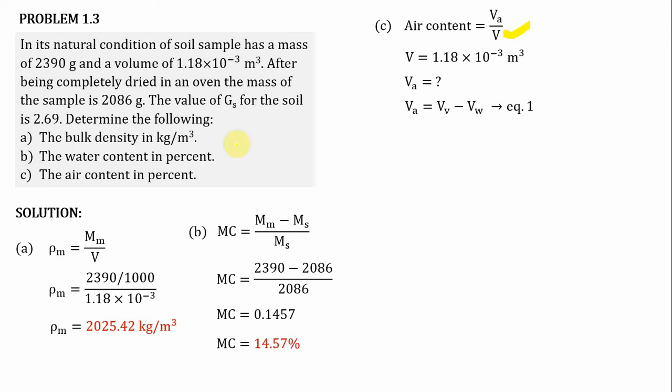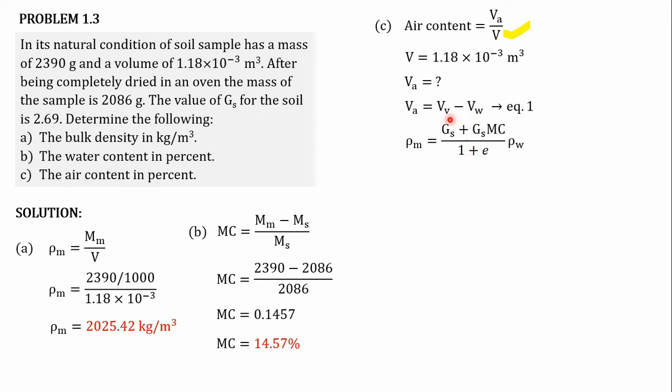And then, take note, yung soil sample niya in natural state is in moist state to. Okay, so how to solve the volume of air? So kailangan lang natin ng volume of voids minus volume of water.